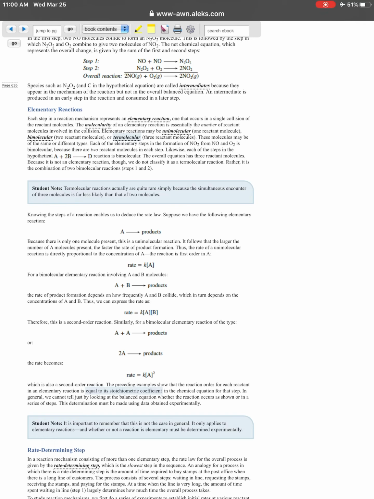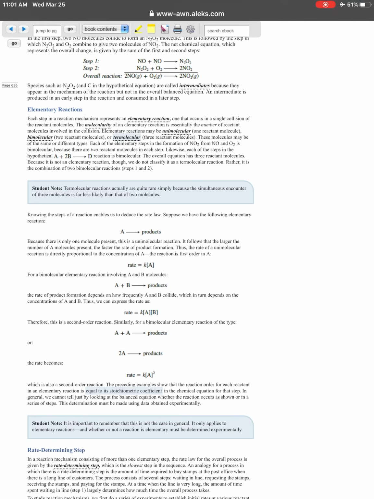For a bimolecular elementary reaction involving A and B molecules, A plus B arrow products, the rate of product formation depends on how frequently A and B collide, which in turn depends on the concentrations of A and B. Thus, we can express the rate as rate equals k times the concentration of A times the concentration of B. Therefore, this is a second-order reaction.